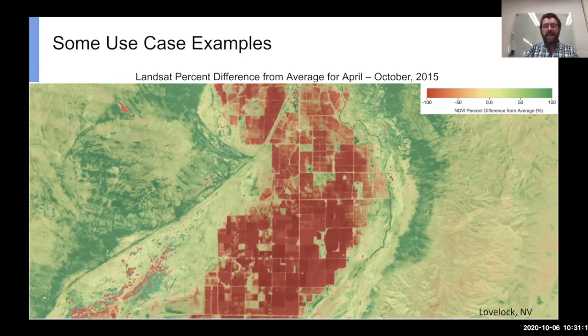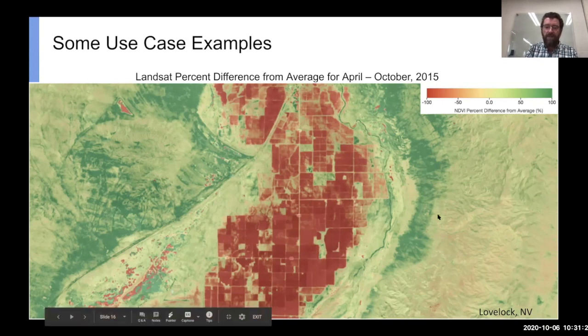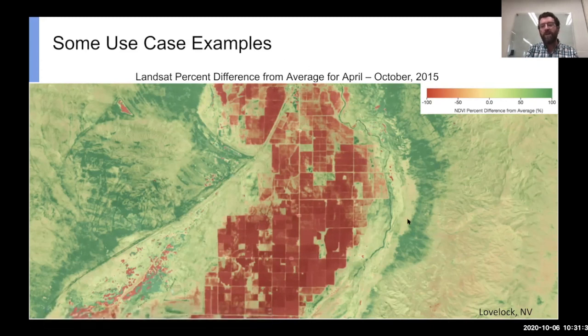And so you can see that at this Landsat scale, where this is a Landsat percent difference from average during the growing season of 2015, you can see all these fallowed lands, but the rangeland was way greener than average because we had all that summer rain. And so this vegetative signal, the natural range vegetative signal, is more on the line of a 3 to 4 month type time scale, where if you get rain at the right time, you can really get a lot of great grasses to grow.